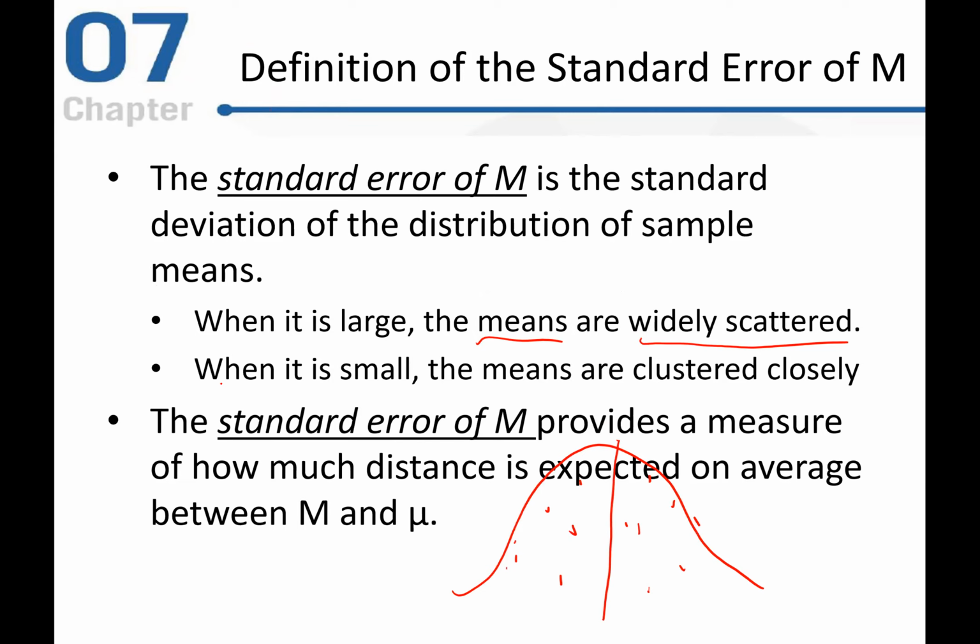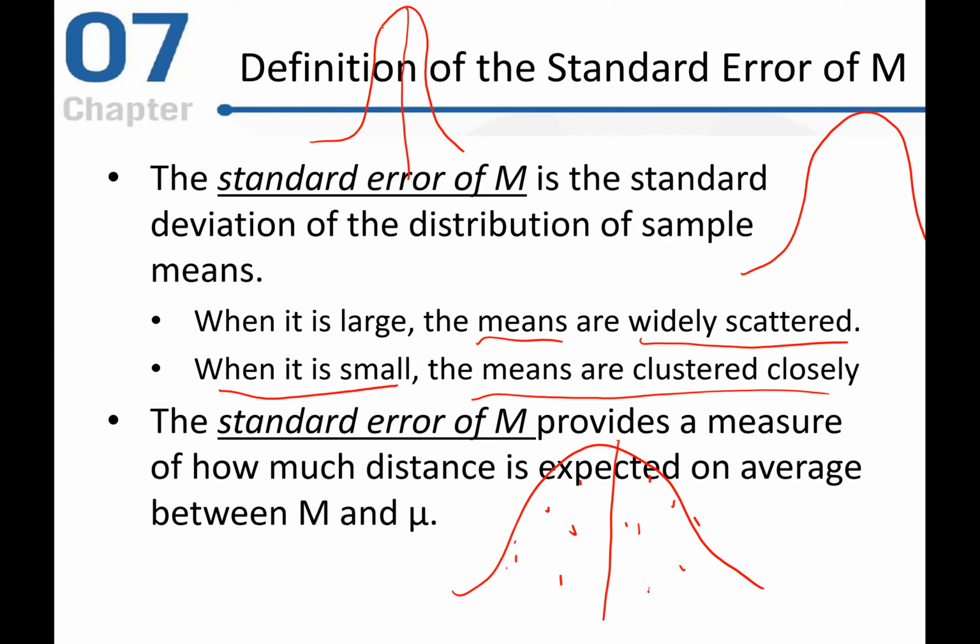When the standard error of the mean is small, the means are clustered closely, like the example we did. Let's give a better one. It'll be something like this, where the sample means are clustered very tightly around the population mean.